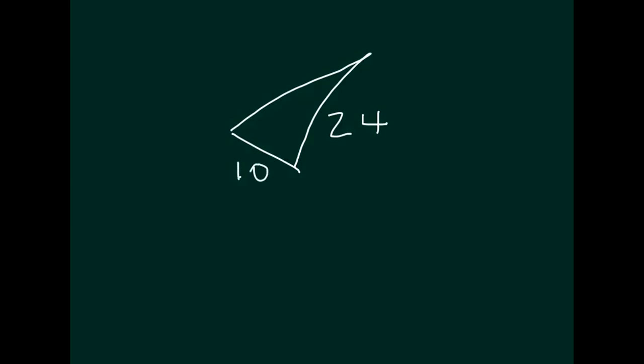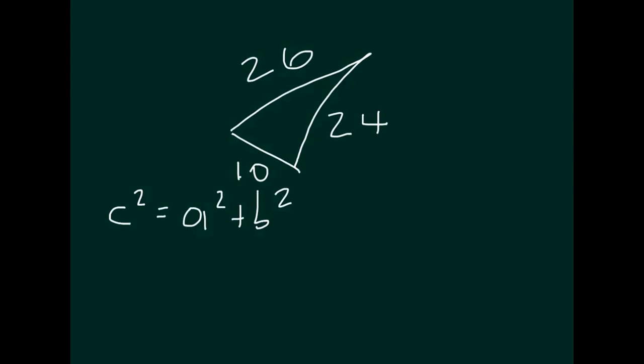So if we have a triangle with the dimensions or the measurements of this, how do we validate that it's a right angle triangle? Now our theory says, right? Remember in our theory, it says that c squared, or the square of our hypotenuse, should be equal to the square of both legs, right? Or the addition of the square of both legs. So let's check that. Let's work that out.